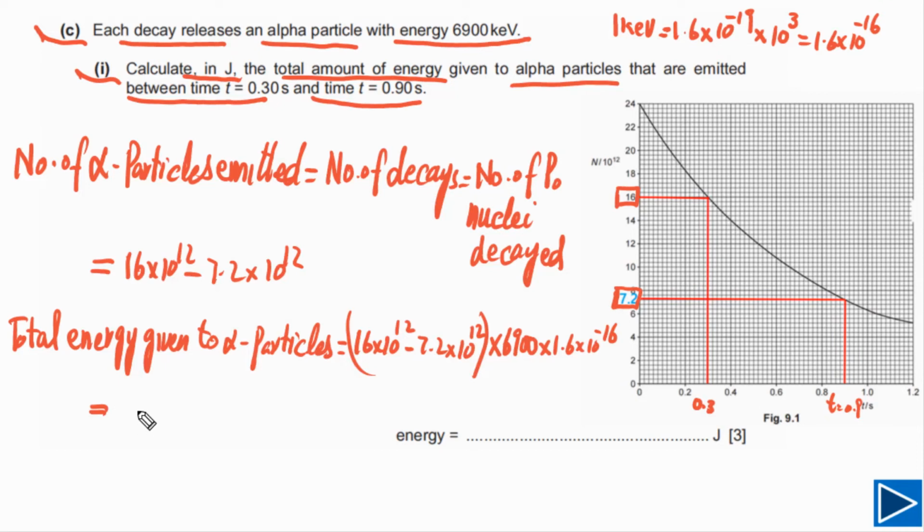The final answer in this case will be equal to 9.7 joules, and this is the energy given to alpha particles in this number of decays. So this is our final answer. This is a very important point you need to understand: 1 keV is equal to 1.6 times 10 to the negative 16 joules. So this factor you have to understand.